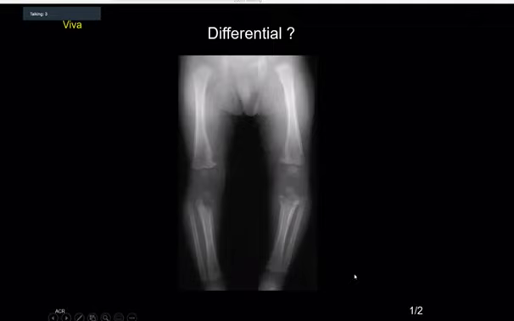I can also see medial metaphyseal destruction on both sides, more on the right side. I cannot see any other destructive lesions or fracture lines, soft tissue masses, or any other abnormality. There is mild bowing of both legs.